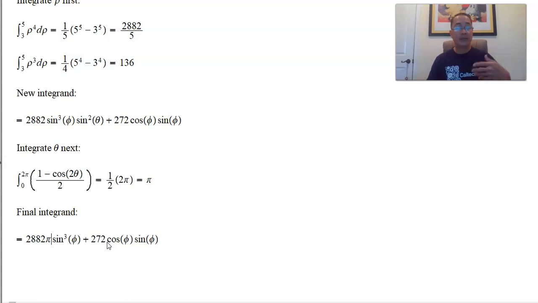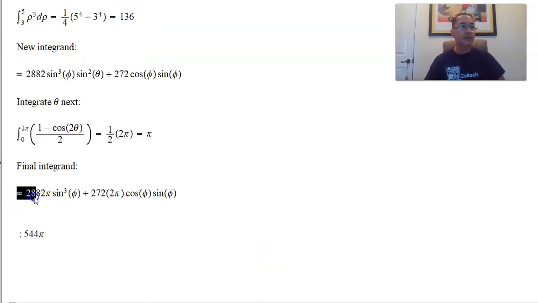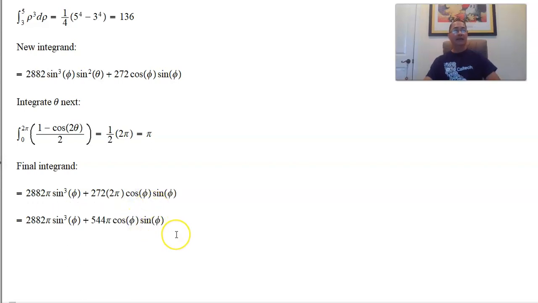Integrate d theta, you'll get theta, from 0 to 2 pi. So we have a 2 pi over there. So 272 times 2 pi is 544 pi. That is our final integral, plus 544 pi times cosine phi sine phi.